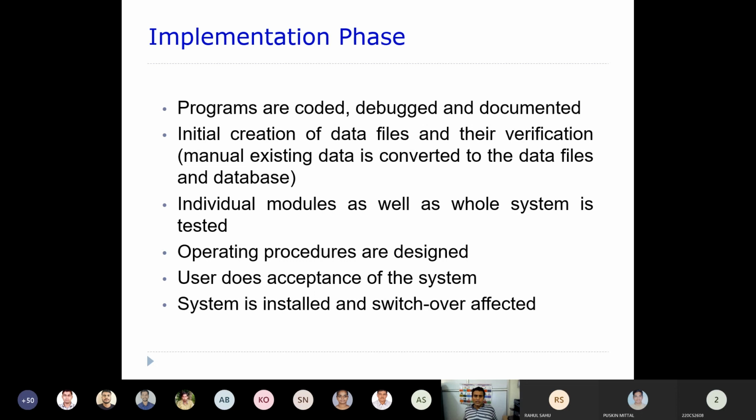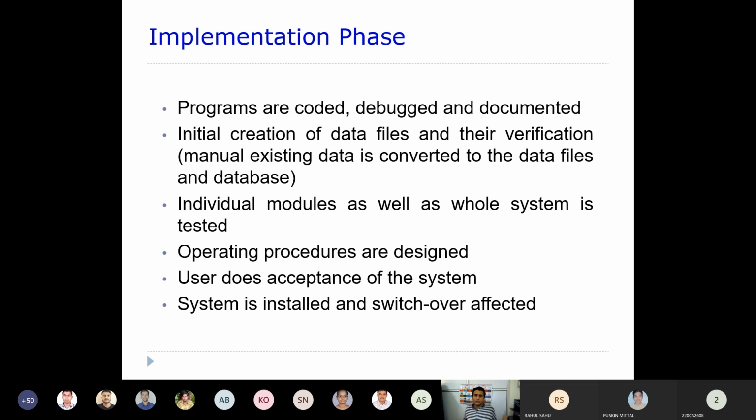Then there is the initial creation of data files and their verification. If any manual existing data is there, that data needs to be converted into data files or databases, and then you can apply that data. Individual modules as well as the whole system are tested.